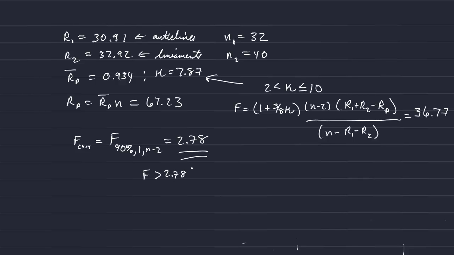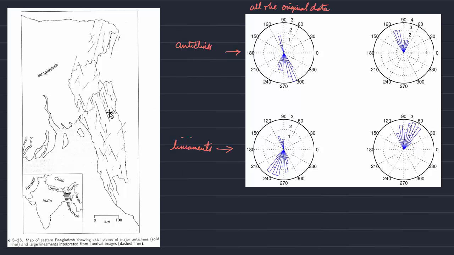The null hypothesis was that the mean orientation of the anticlines was equal to the mean orientation of the lineaments, but this test shows that H0 can be rejected. The lineaments and the anticlines have different mean orientations.